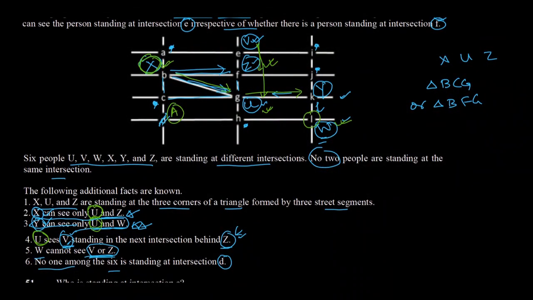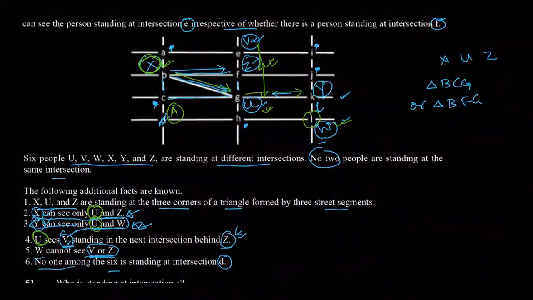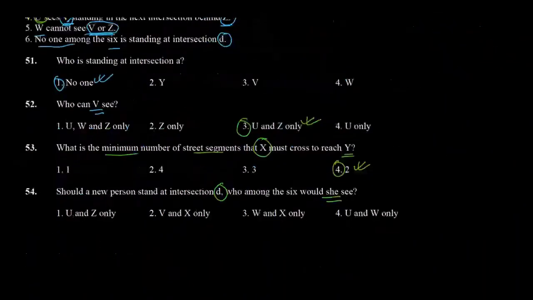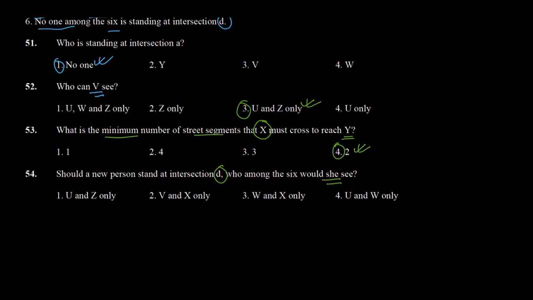He cannot see anyone else, X and W. So let's see the options. X and W, which is option number 3, is the correct one.